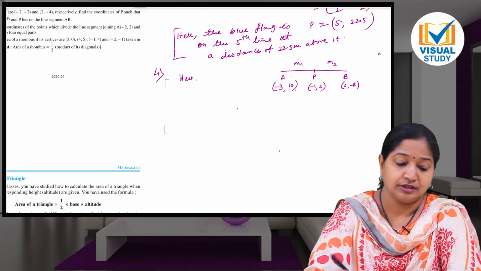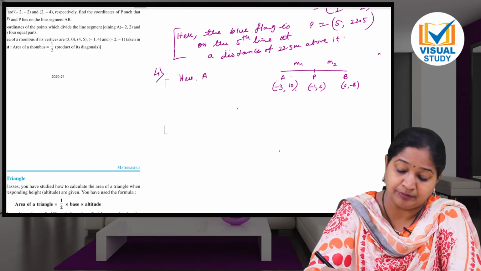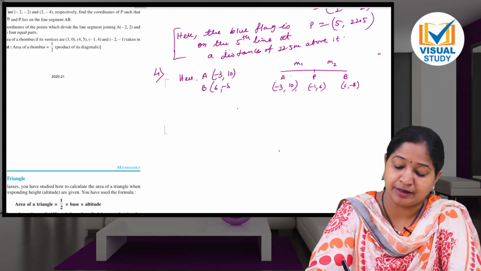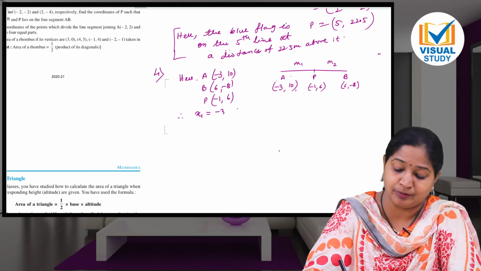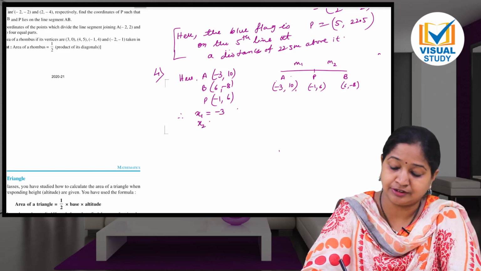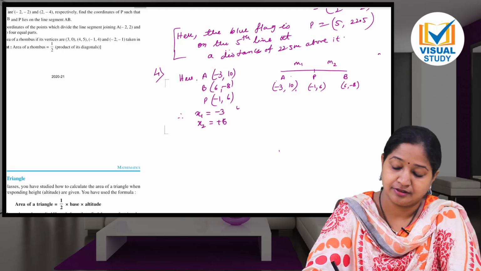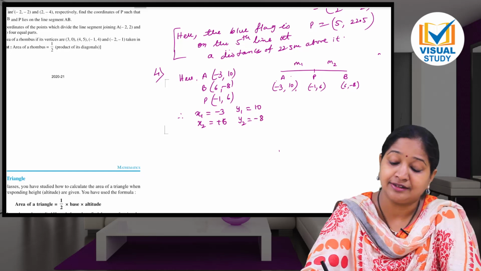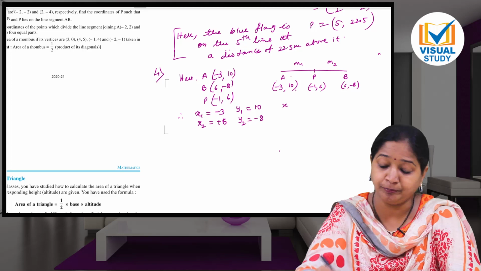Here, let P be the point that divides the line segment. So here A will be (minus 3, 10), B will be (6, minus 8), P will be (minus 1, 6). Therefore, x1 is equal to minus 3, x2 is equal to 6, y1 is equal to 10, y2 is equal to minus 8, and they have given the point P also.